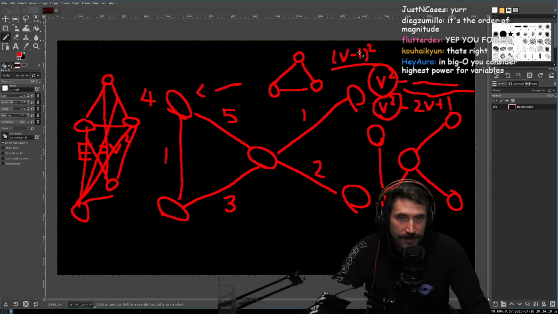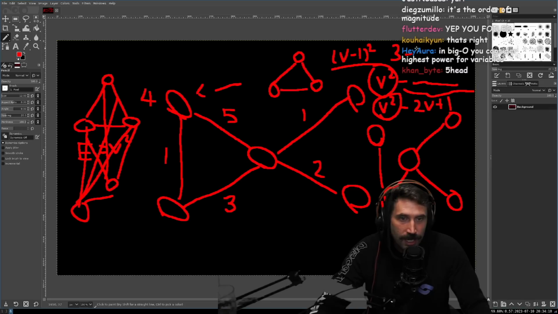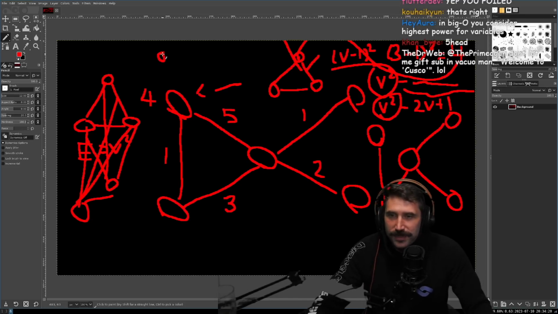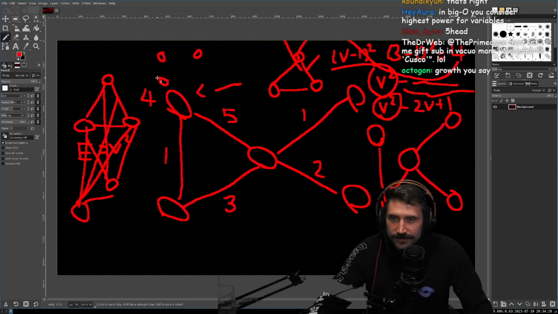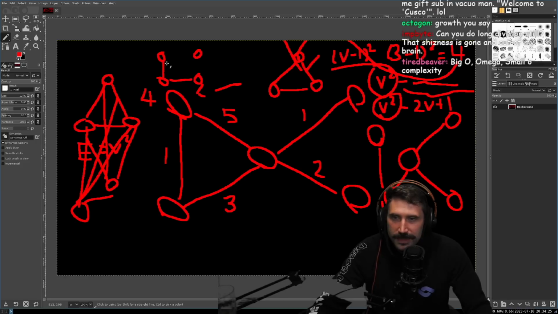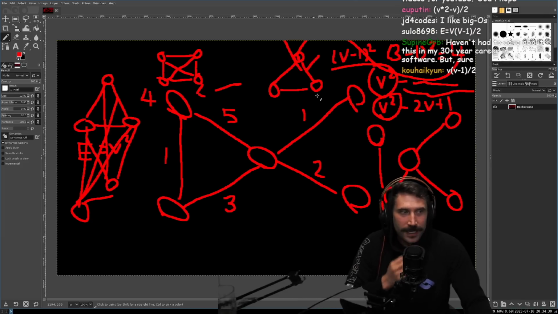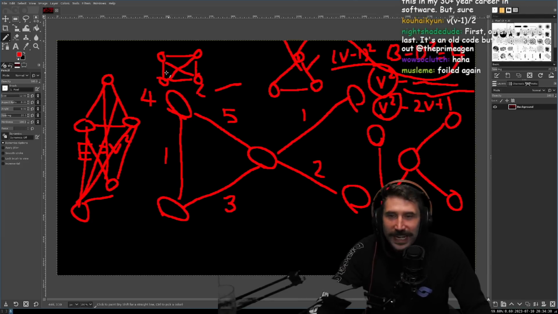A fully connected graph would be 3 minus 1 squared, which equals 4, which is not correct. Let's just pretend it's 4. Am I missing a minus 1 somewhere in here? Let's try it again. Oh, there's a divided by 2 somewhere in there.